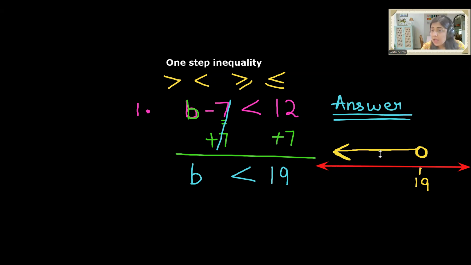If I want to write the answer in brackets, I will use a small bracket, and the answer is going from minus infinity up to 19. So whenever any value is not included in the answer, I will use a small bracket. If any value is included in the answer, I will use a square bracket. That I will show you in the next question.